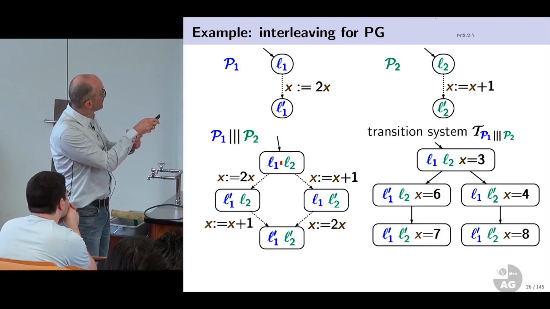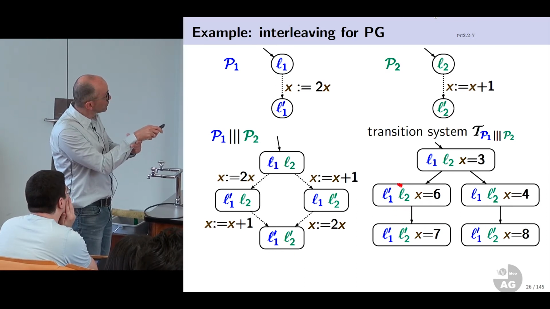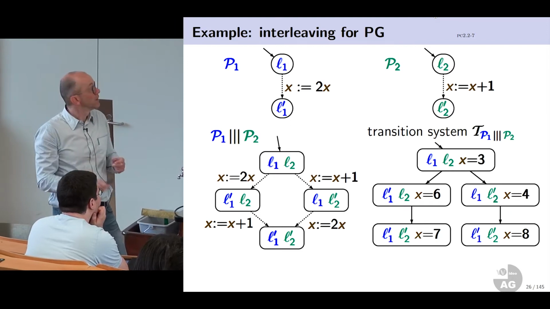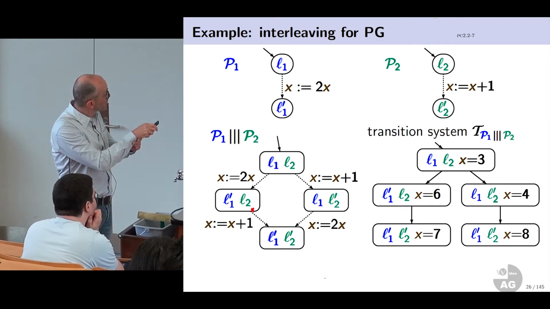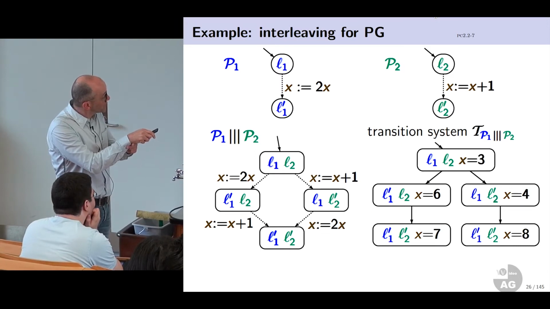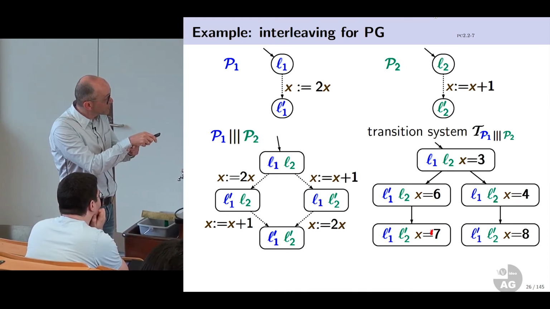Good, so what can happen then? Well, either we can move to the left, right? That means we evolve to the location L1 prime, L2, that corresponds to those 2 components, and we double x, which means x equals 6. Then we perform x becomes x plus 1, which means we go from this state to that state where you have seen that L2 evolves into the location L2 prime and x is incremented by 1.